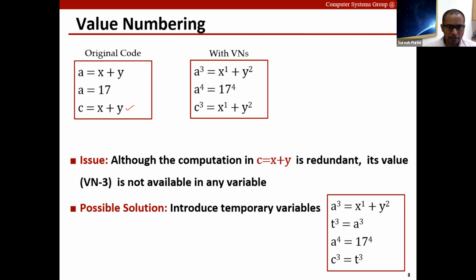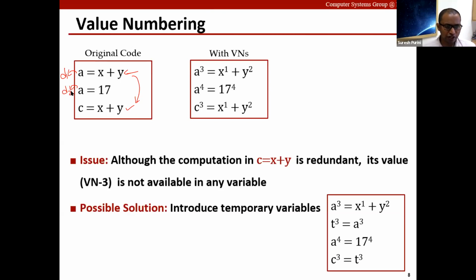But the problem is, the value that is computed here, we cannot propagate it here because it is stored in a variable a, and variable a is modified. The important idea here is that variable a has two definition points. This is definition point 1 and this is definition point 2.